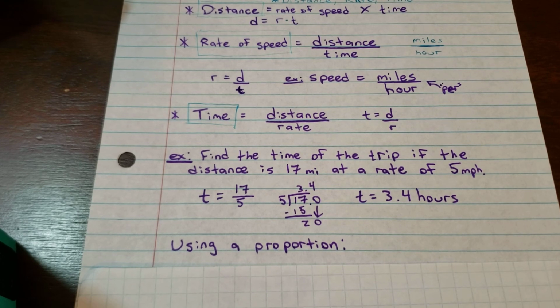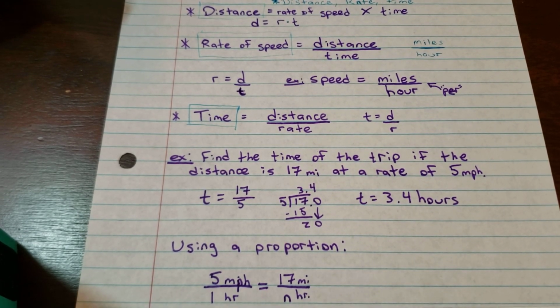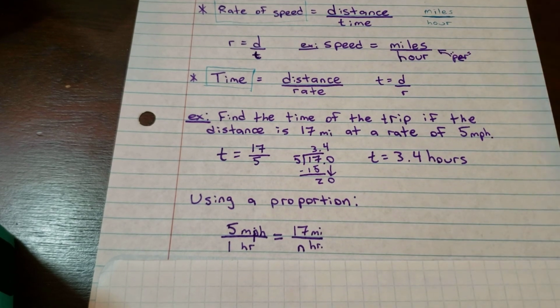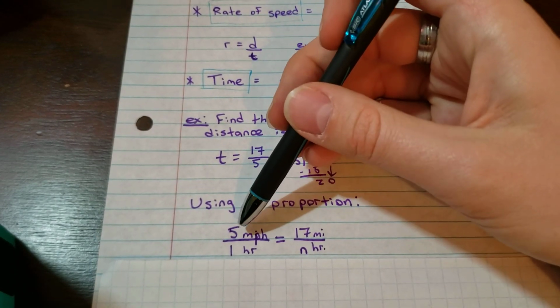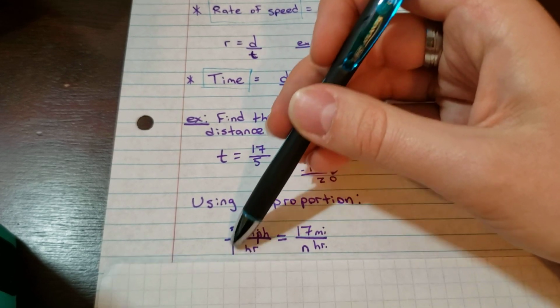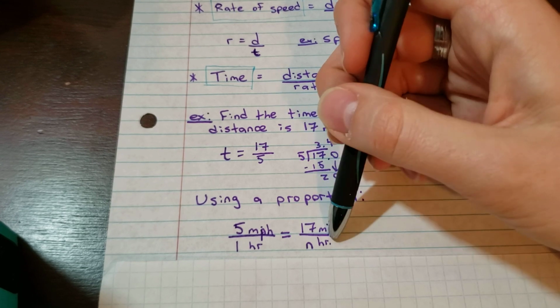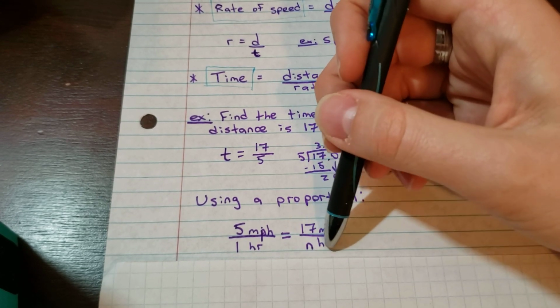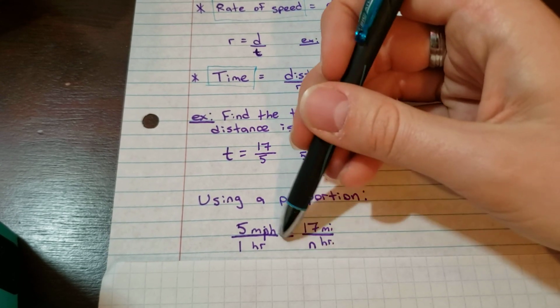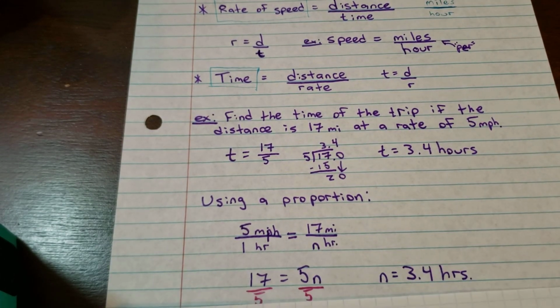We could also solve this kind of stuff using proportions. So if we knew that we had 5 miles per 1 hour equals 17 miles per an unknown amount of hours, well, we're going to cross multiply. 5n equals 17.